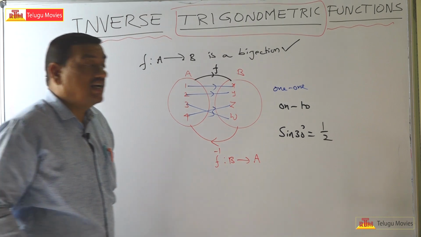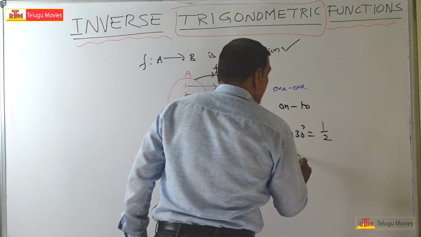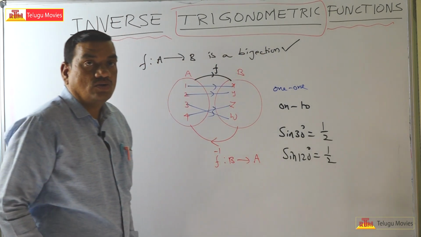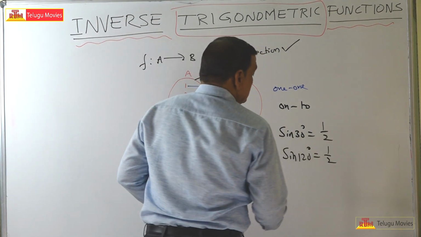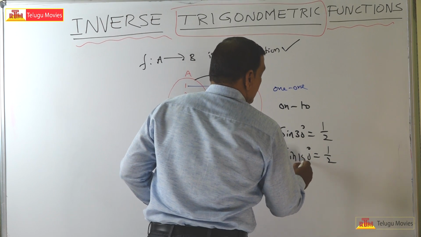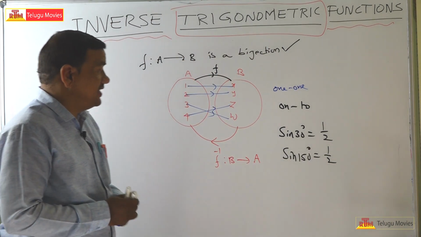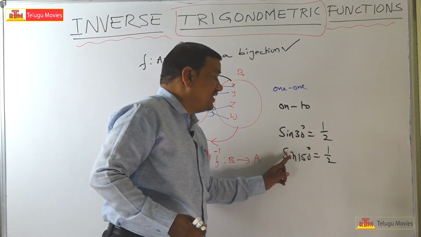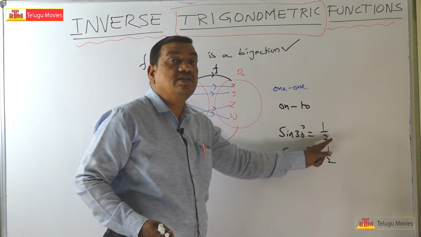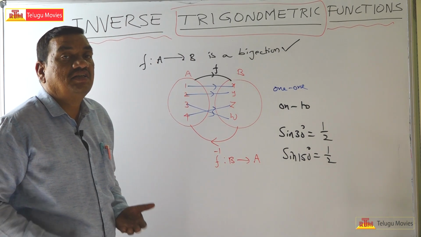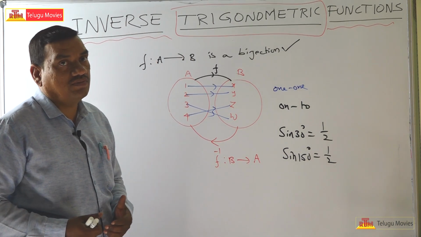Not only that, sin of 180 minus 30, that is 150 degrees, is also 1 by 2. That means sin 30 and sin 150 have the same image, 1 by 2. Therefore, it is not a one-one function, and therefore not a bijection.